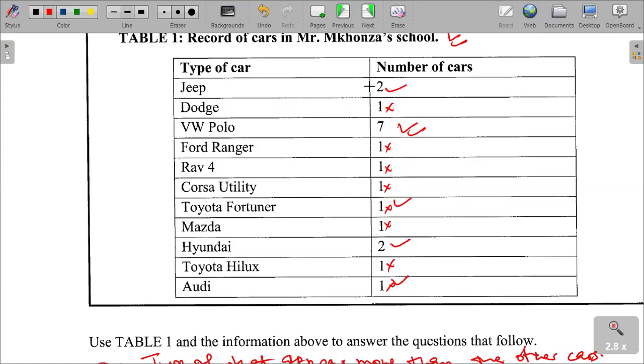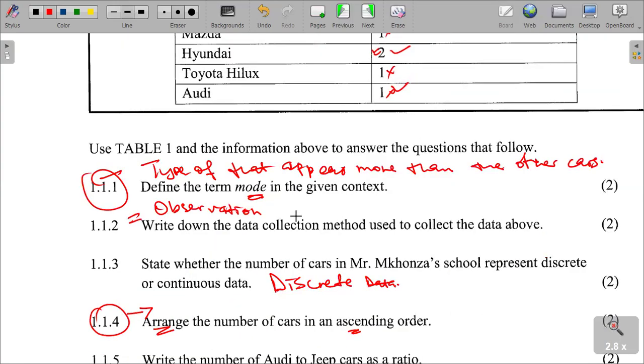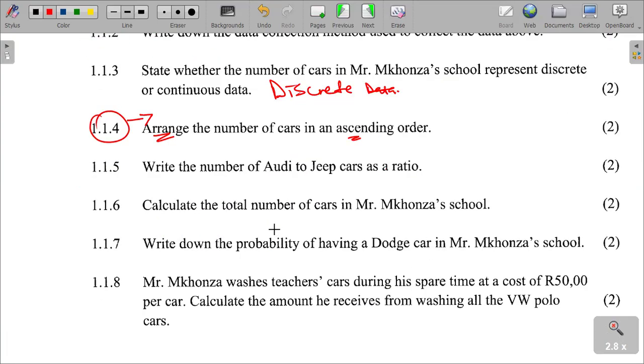And then we have 2, which is also there twice, which means we should have two cars that are 2, and then we only have one 7, which is there. So when you are arranging the set of data in ascending order, you are just putting the numbers in order from the least to the biggest. So we have eight ones.